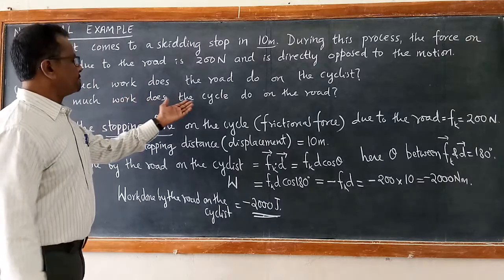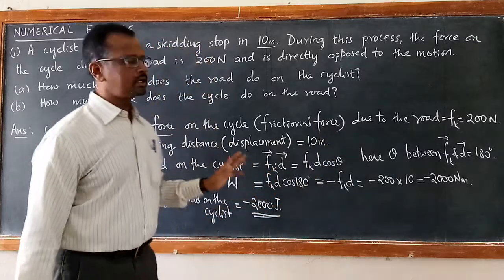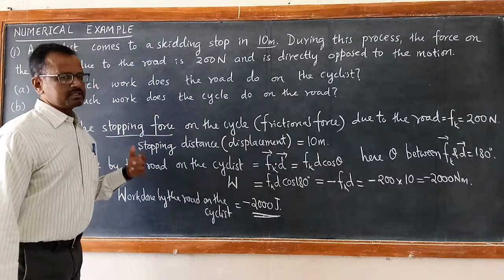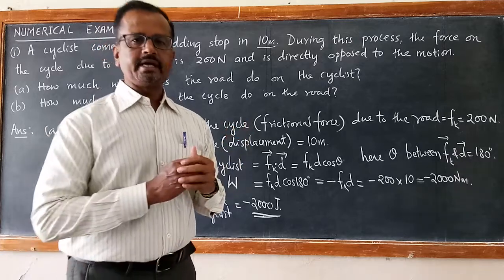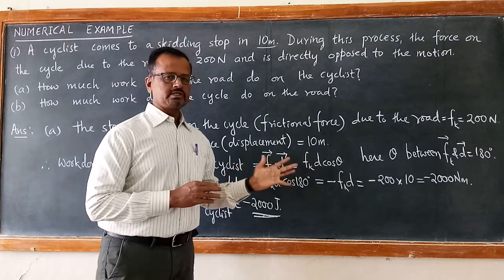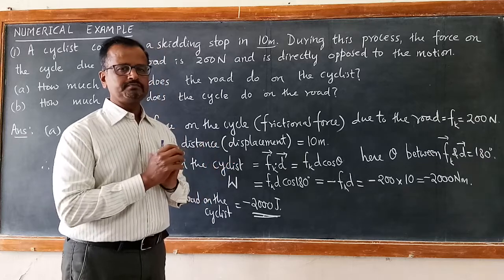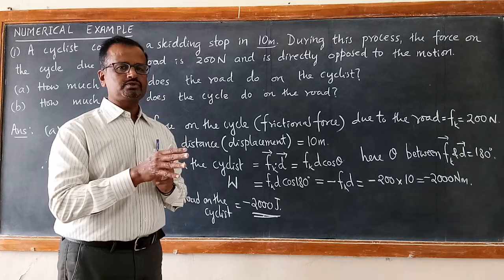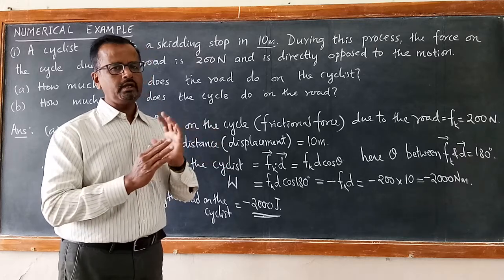How much work does the cycle do on the road? By Newton's third law, for every action there is an equal and opposite reaction. If the road exerts an opposing force of 200 Newton on the cycle tire, the cycle also exerts the same force on the road.